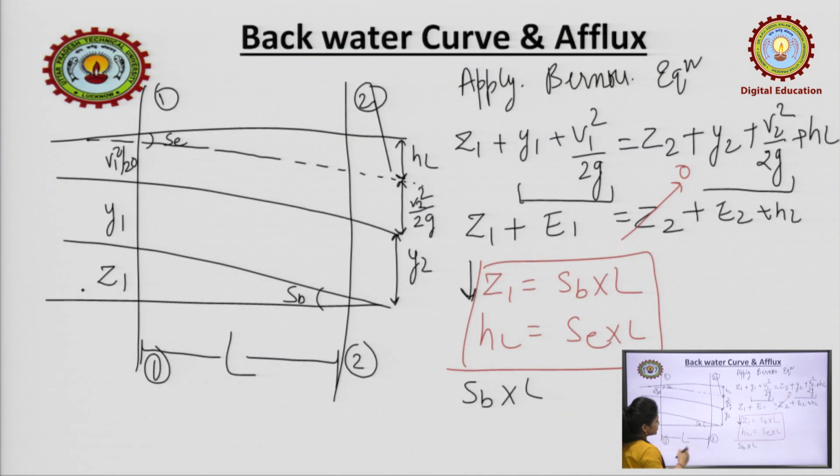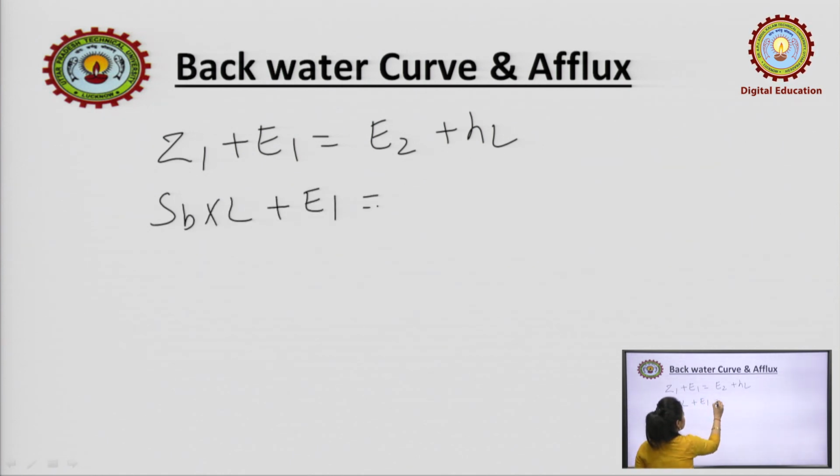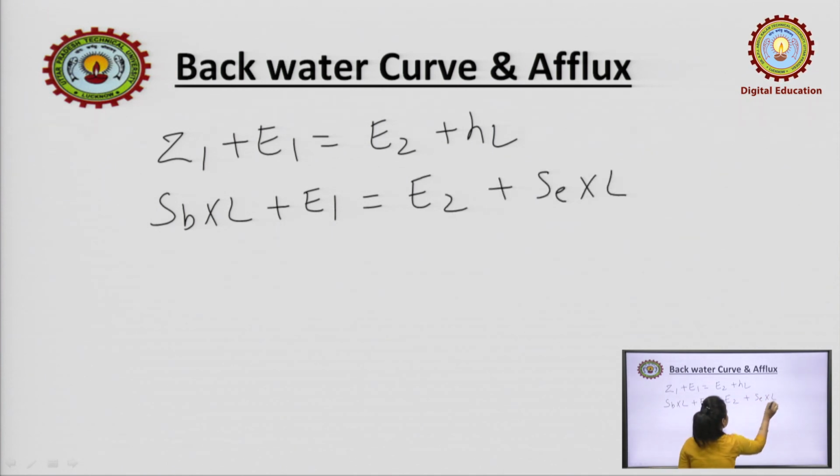From the previous equation, substituting the values for Z1 and HL, we get SB into L plus E1 is equivalent to E2 plus SE into L.